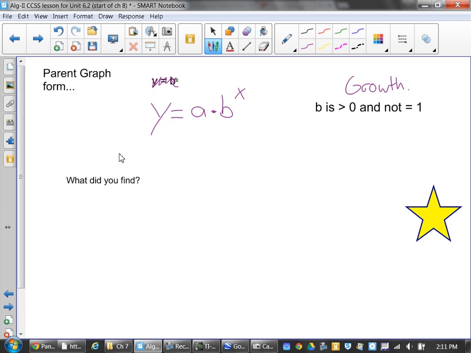Why can't B equal 1? If B was 1, no matter what power you raise it to, it's always going to be 1. So you have a horizontal line at a. Therefore, it's no longer exponential.